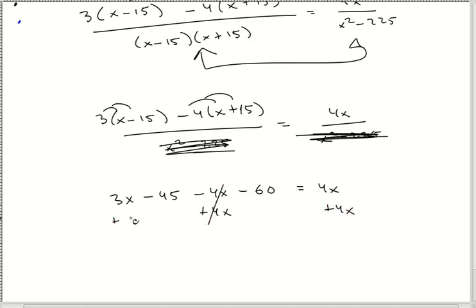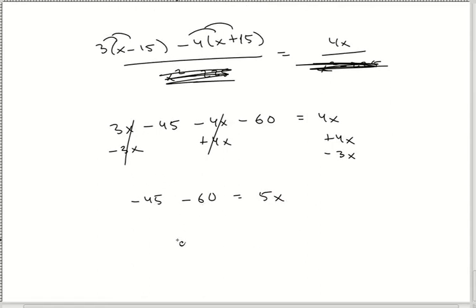Then I'm going to minus 3x on both sides. So negative 45 minus the 60 is equal to, that's 8 minus 3 is a 5x. Combine these like terms. What is that, 105? Divide by the 5. I got negative 21. Cool.